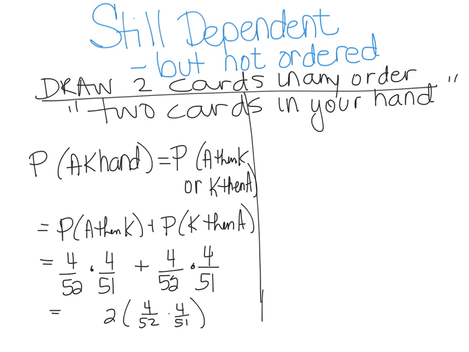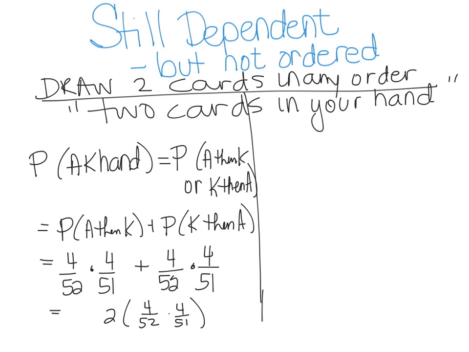So I want to show you another way to do this, so we don't have to keep doing this. It's ace then king, or it's king then ace, and sometimes there's going to be a lot of different ways that it could happen, that we could rearrange that hand. It could have come in any arrangement.